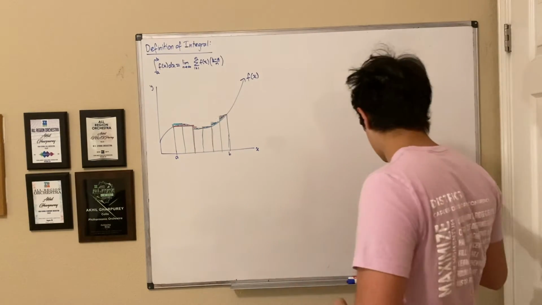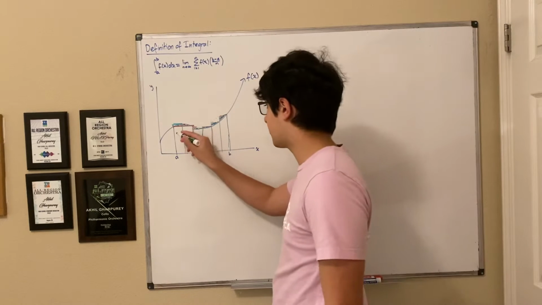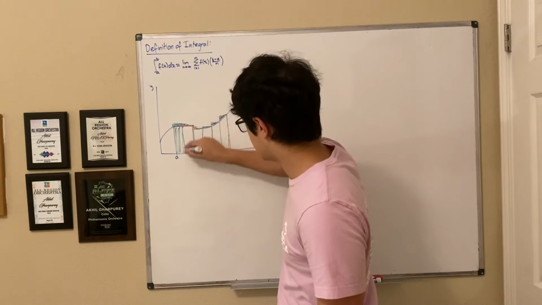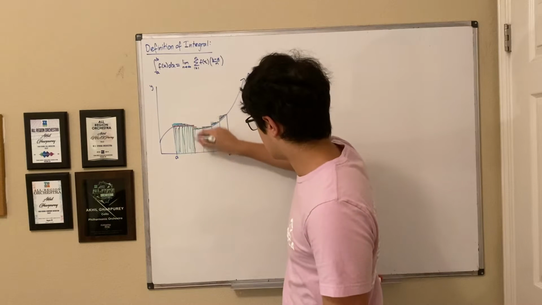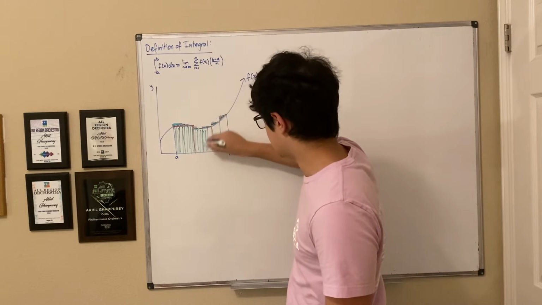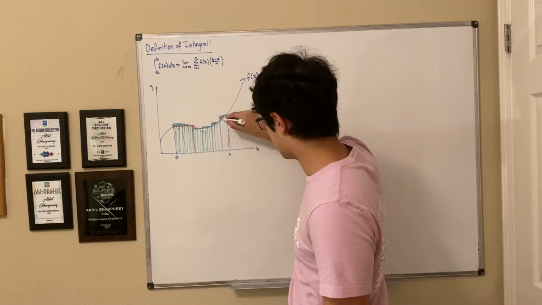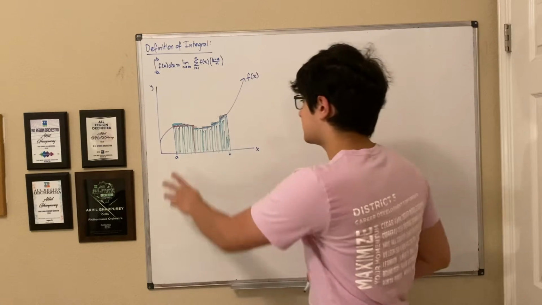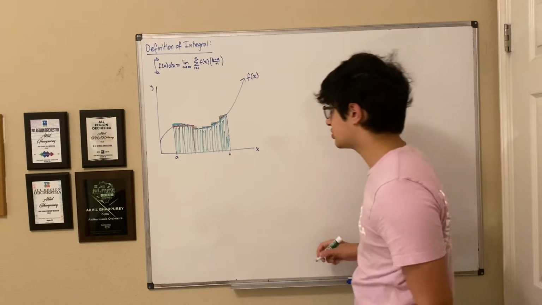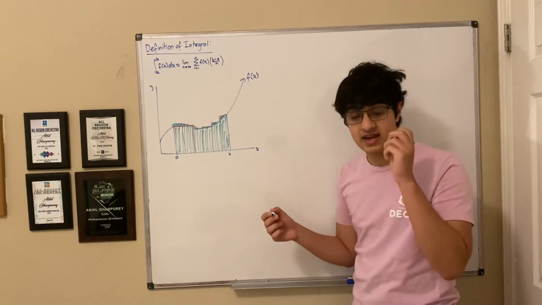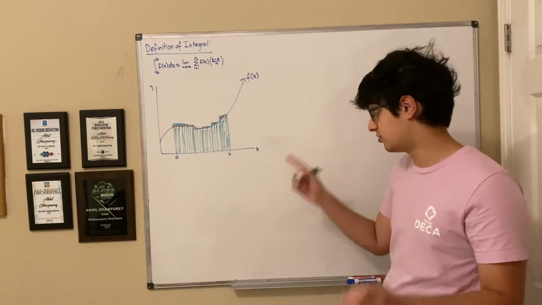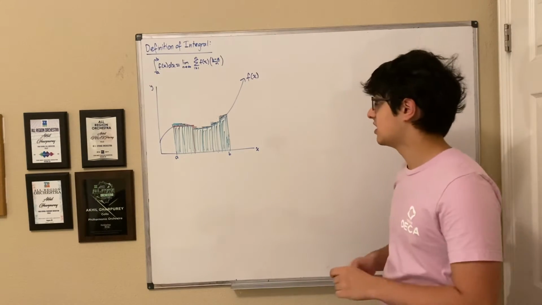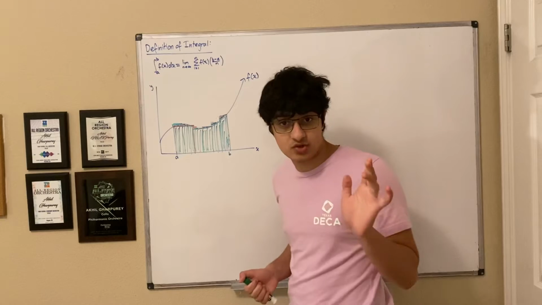So if we had an infinite number of rectangles, which I'll represent as lines, and obviously these aren't going to be perfect lines, we can pretty much get the exact area under this curve from an infinite amount of rectangles. Now, what does that mean? What are the areas of these actual rectangles?